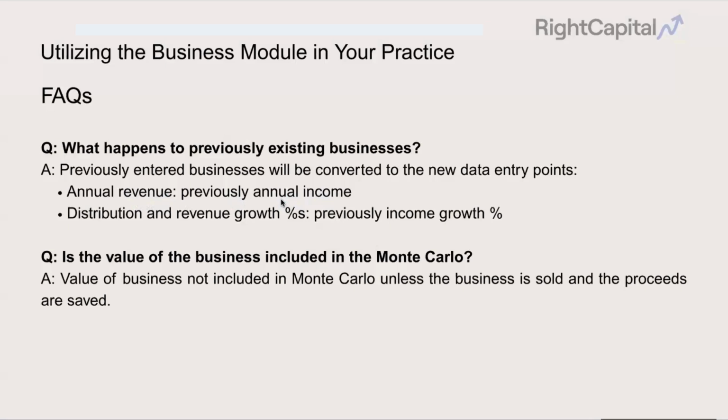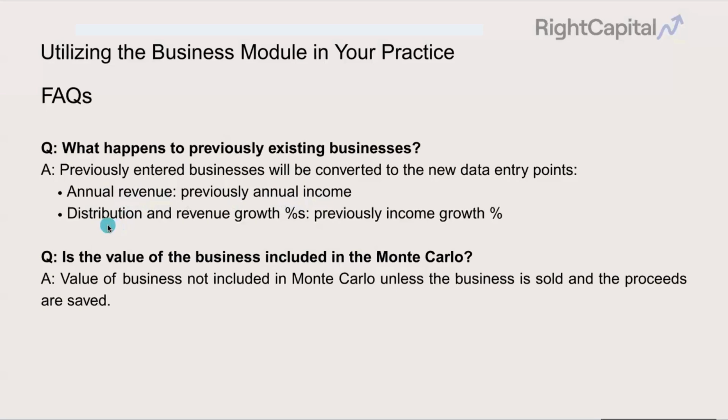So whatever was entered in annual income will now shift over into annual revenue. And then right below that, you'll have to enter in those annual expenses separately. So just pay attention to the revenue and expenses fields if you do have existing businesses, just to make sure we get those accurately corrected for the new data entry.